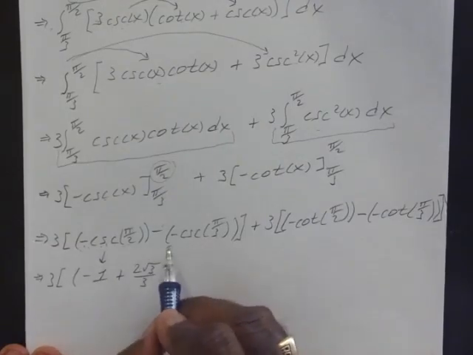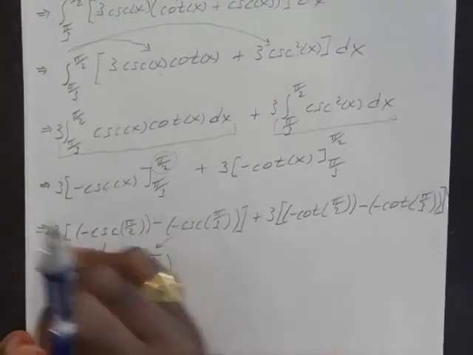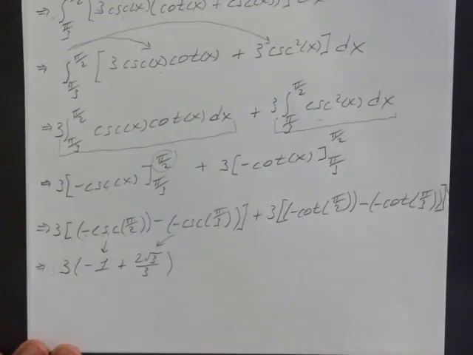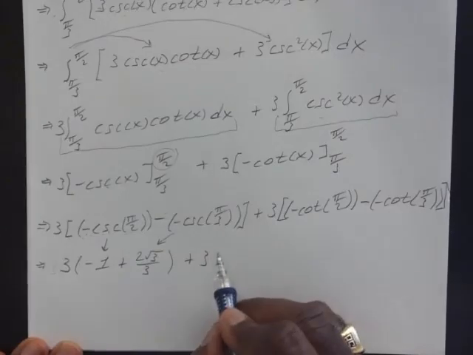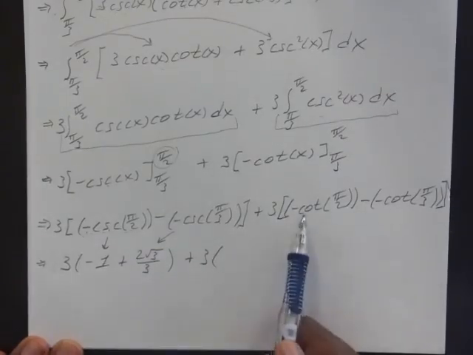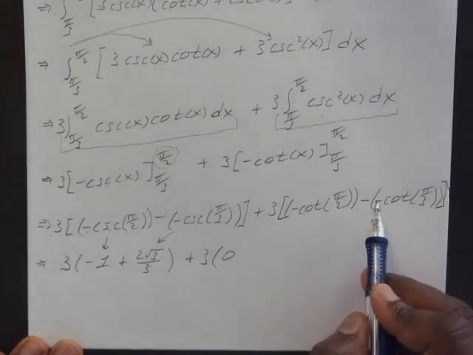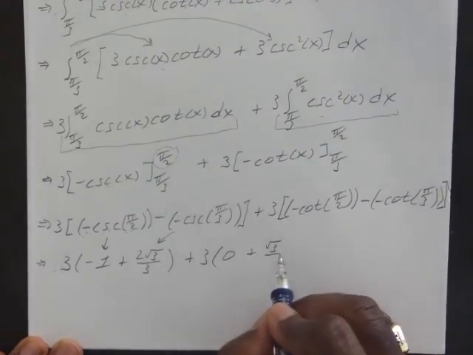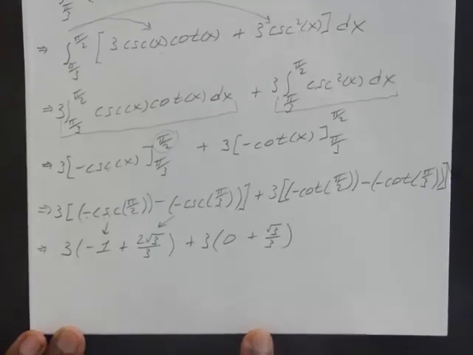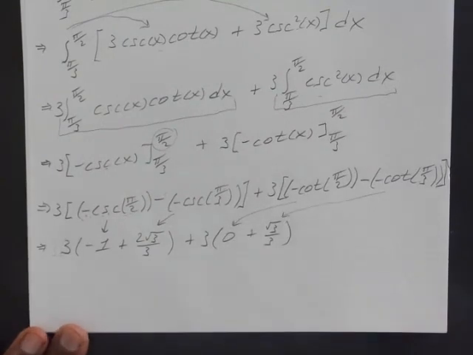Actually, didn't even need this extra bracket. It's small enough to where just use the parentheses. Okay, so plus 3 times cotangent of pi over 2 is 0. You have minus negative cotangent of pi over 3 is square root of 3 over 3. So positive square root of 3 over 3.